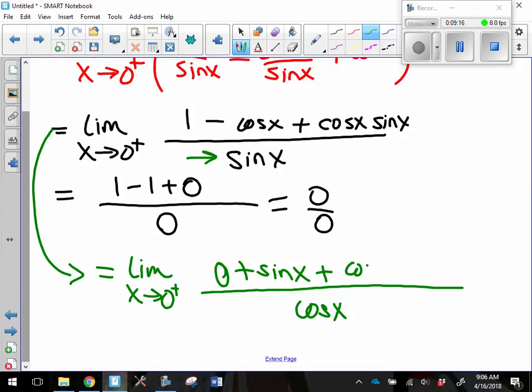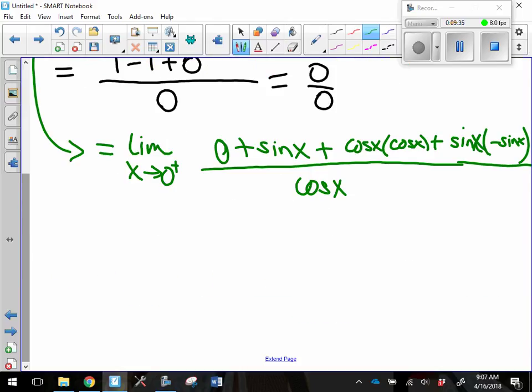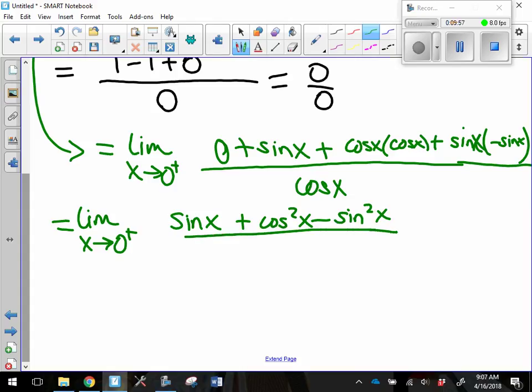So this is going to give me cosine x times cosine x plus sine x times, so if I clean this up a little bit, I have sine x plus cosine squared x minus sine squared x all over cosine x.